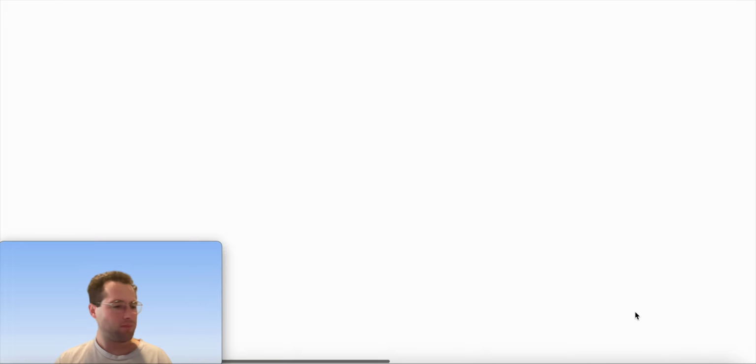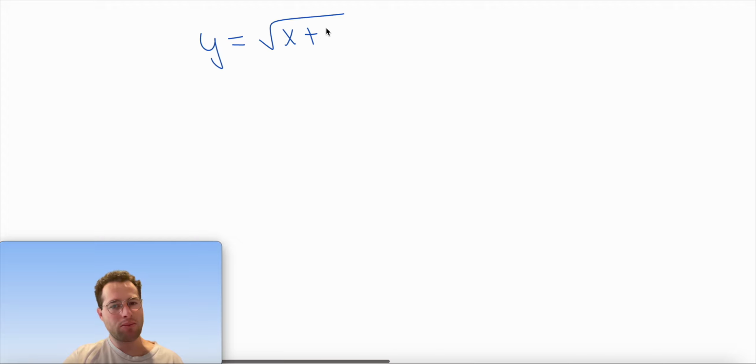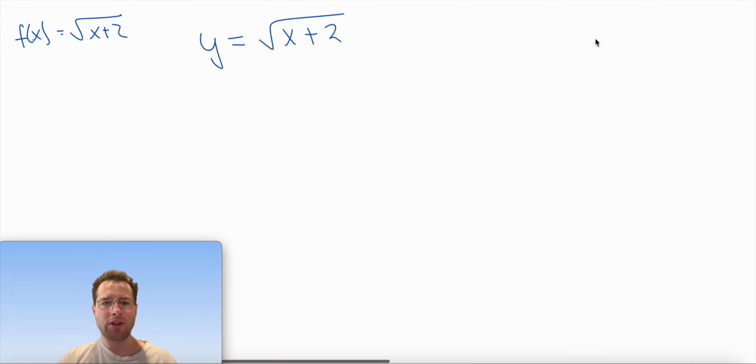Okay. The next one I wanted to look at is y equals the square root of x plus 2. And so that means that f of x equals the square root of x plus 2. Let's go ahead and solve for the inverse function here. So we're going to swap the x and y, and we have x equals the square root of y plus 2. Solving, let's square both sides.